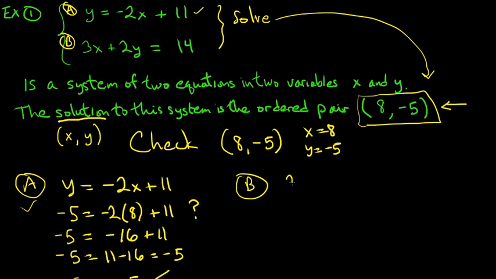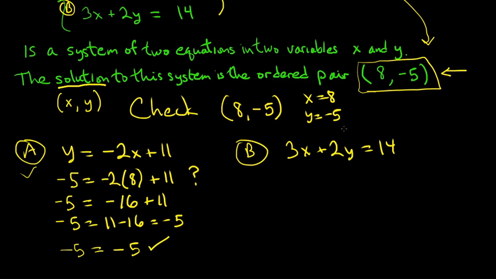So equation B was 3x plus 2y equals 14. Again, we're going to replace x with the number 8, because that was part of our solution, and we're going to replace y with the number -5. So the question is, does that equal 14?